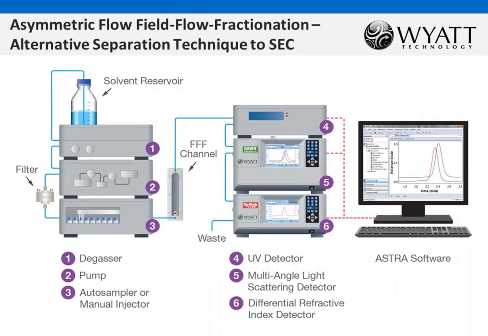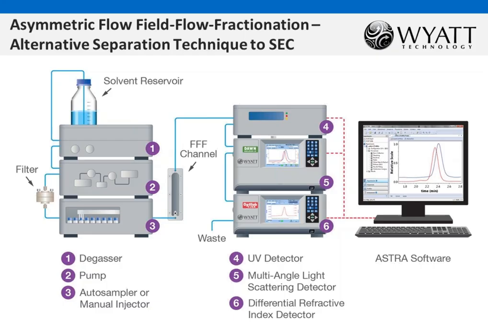In the previous example, we have seen the limitations of size exclusion chromatography and interaction of a complex sample with a stationary column matrix. Asymmetric flow field flow fractionation is an alternative separation technique to size exclusion chromatography. The separation mechanism for both techniques is the hydrodynamic volume of the molecules of interest.